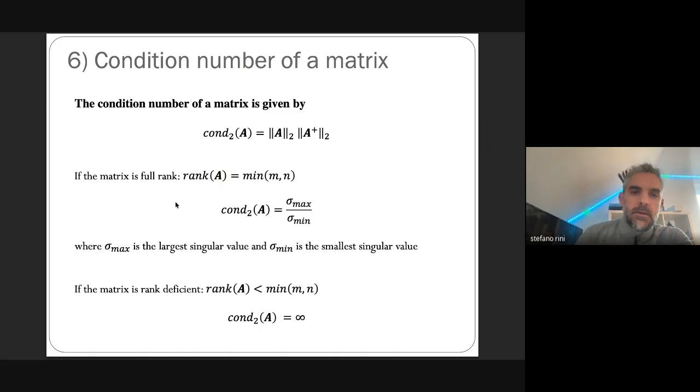If the matrix is full rank, then the rank is equal to the minimum between M and N. There are no zero values, so this is equal to the ratio between the largest and smallest singular value. But if the matrix is rank deficient, then the rank is less than the minimum, then sigma min is equal to 0, and so the condition number goes to infinity.